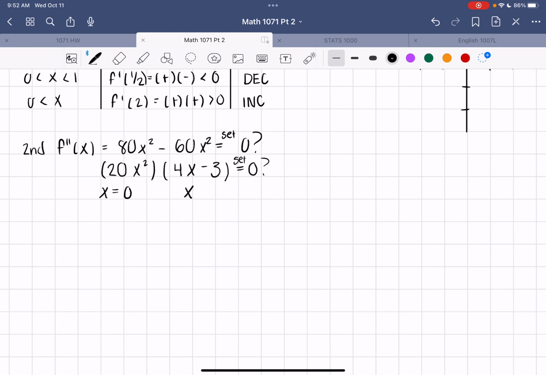So the y-coordinate where x is 0, go back to the original, just 1. And now at 3/4, f of 3/4. Oh, I don't know. 4 times 3/4 to the 5th minus 5 times 3/4 to the 4th plus 1. Actually, I think that does work out.